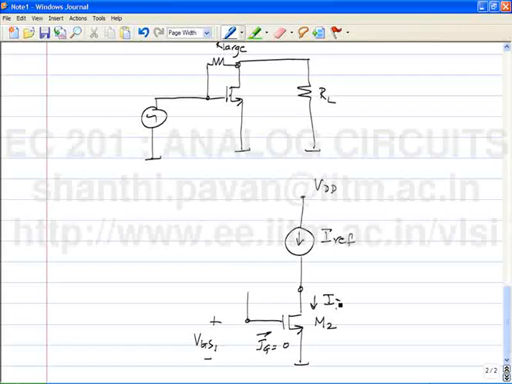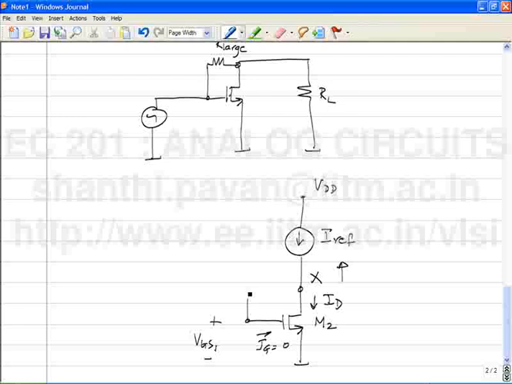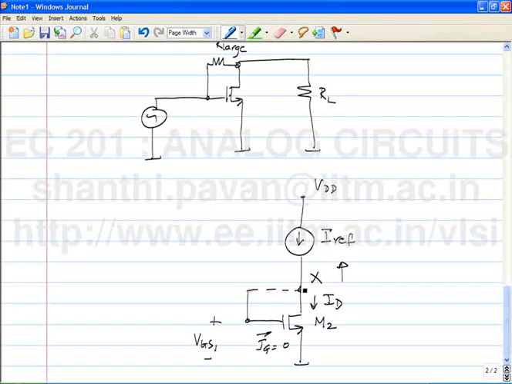If ID is smaller than IREF, this node potential will go up, okay? Which means that the VGS we had applied was too low, so you have to push VGS1 up. And since VGS1 has to be pushed up, one could directly connect X to the gate. Does that make sense?